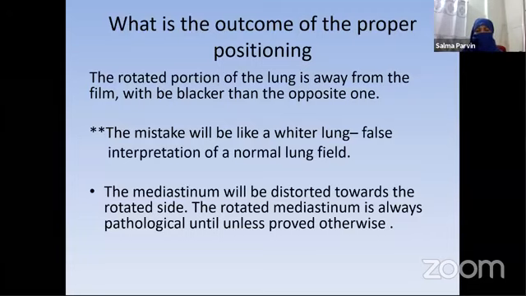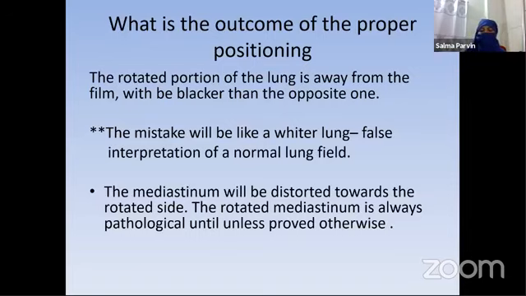This is a very, very important part of the X-ray study, that you must have your mediastinum in position. It means the cardiac shadow to be 1/3 to the right of the midline and 2/3 to the left of the midline, and the other vascular markings like the aortic knuckle to the left and the superior vena cava faded under the right clavicle.